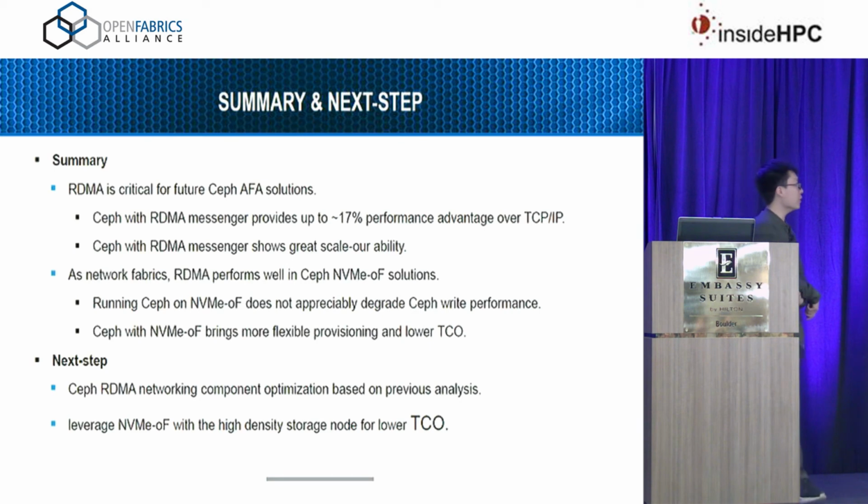That also shows Ceph with RDMA has better CPU efficiency than with TCP/IP. RDMA as an NVMe fabric performs well in Ceph over fabric solutions. Running Ceph on NVMe-oF doesn't degrade the Ceph 4K rand read and 4K rand write performance.